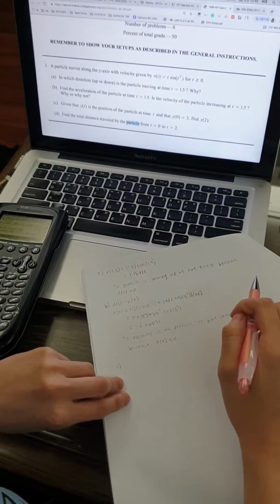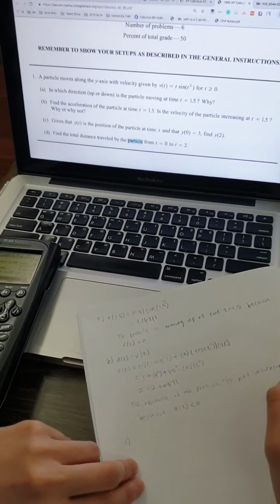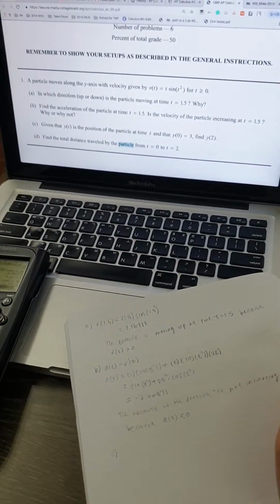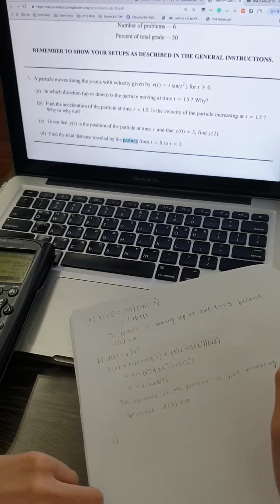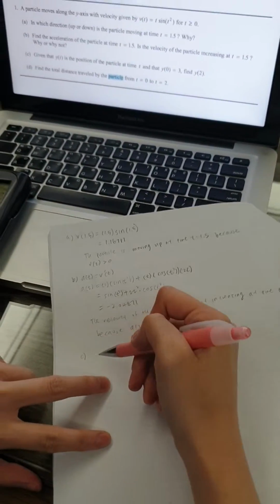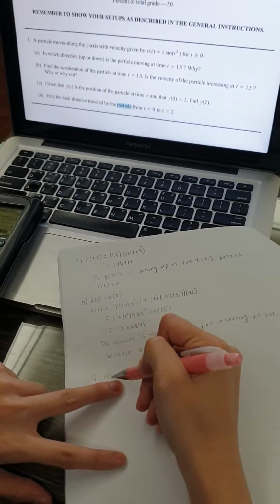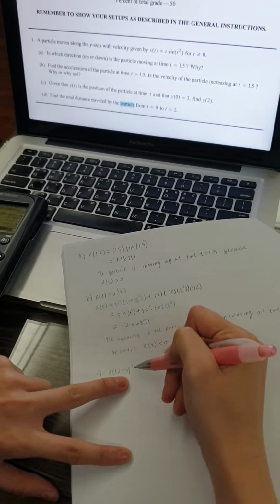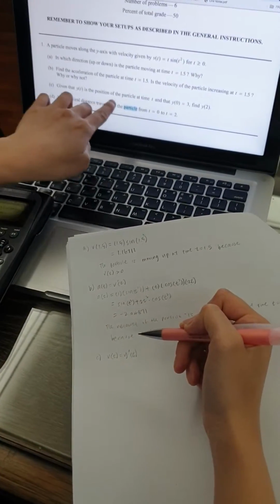It says, given that y of t is the position of the particle at time t and that y of 0 is equal to 3, find y of 2. So then what you got to do is say v of t equals y prime of t, because it says so.